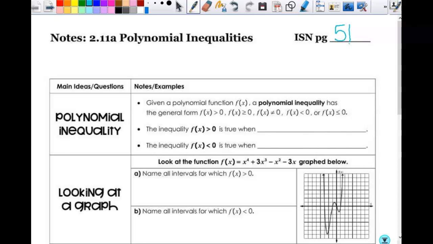I do want to make a quick side note because somebody asked a question. It took him a long time to get it out last period, and then I finally realized what he was trying to say. I don't want you to get this confused with the inequalities where you drew a line and shaded above or below it. That is not what we are doing. It is completely different.